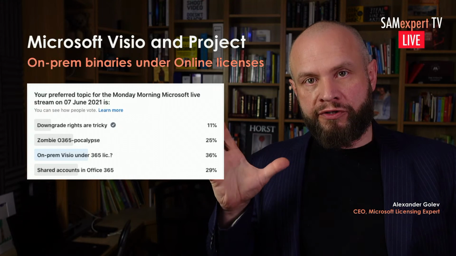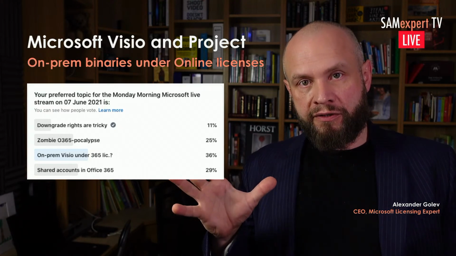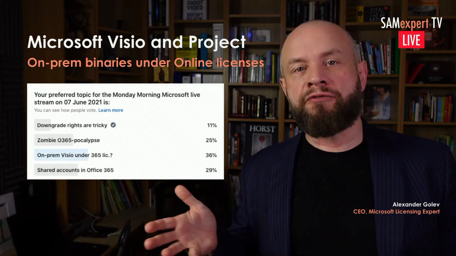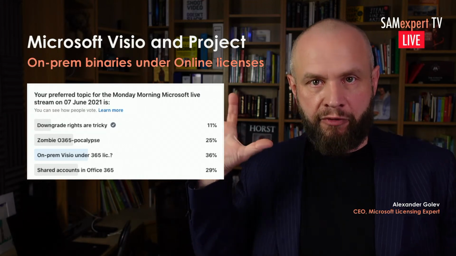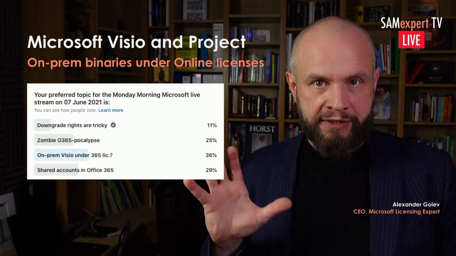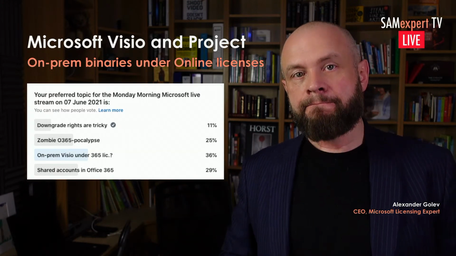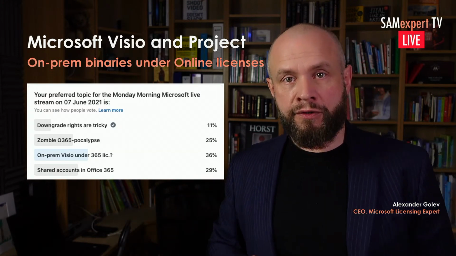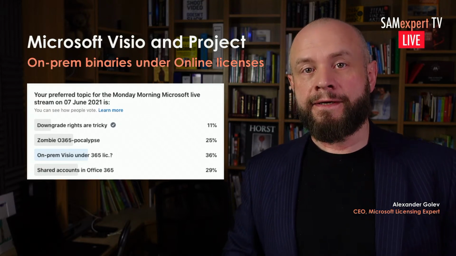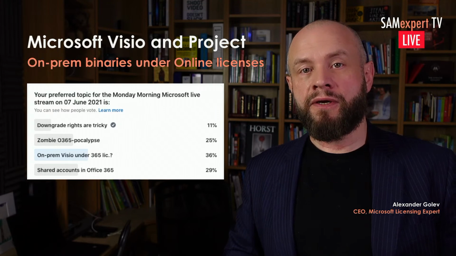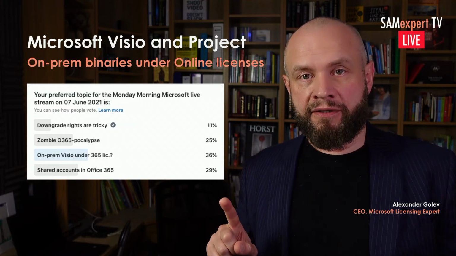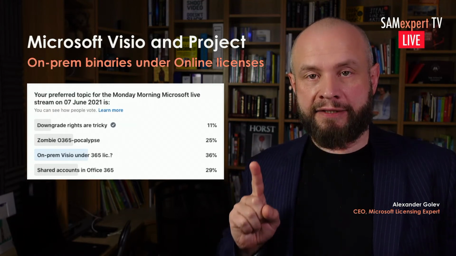If you install traditional Office, not the one that you downloaded from the Office 365 portal, but the traditional one from a CD, from previous binaries, Office 2019, Office 2016, you may not use online licenses to license that Office with one caveat. There's only one path, and it's very complicated.